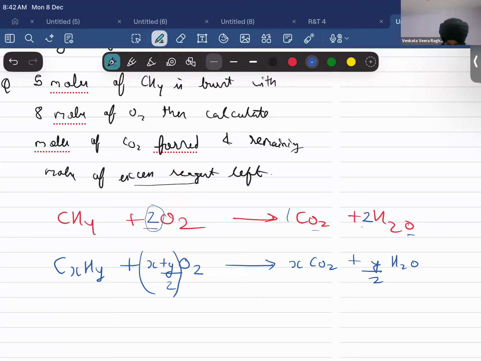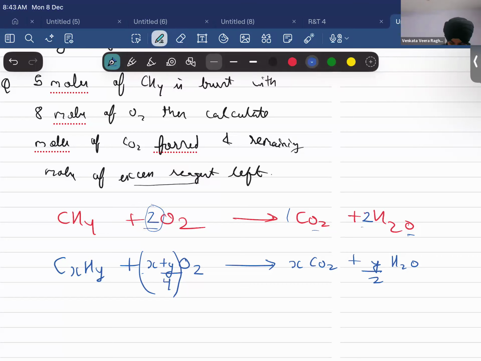So it's x plus y by 4 for O2. I was thinking that y would be 2 here, so y by 4, no, I don't think so. It's x plus y by 4, sir. If it is x plus y by 4, can we use it for the above equation?